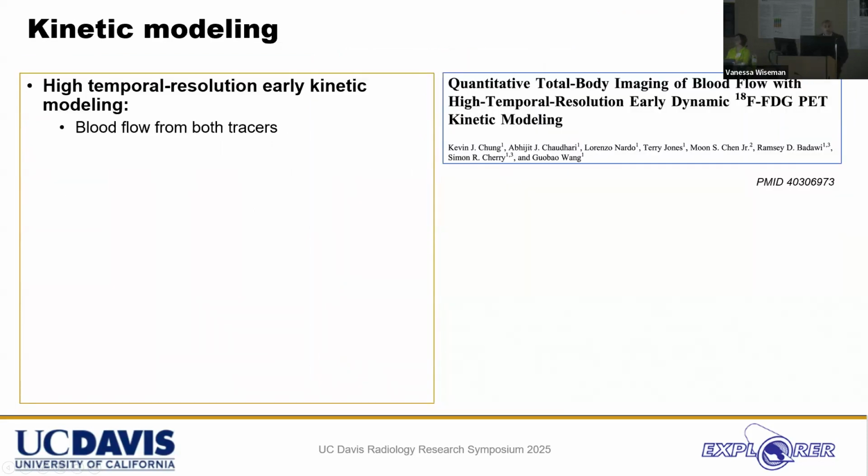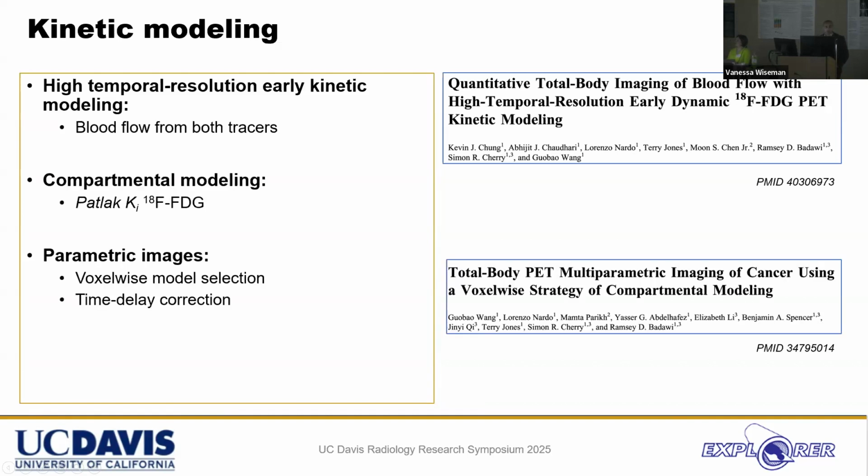With that high temporal resolution, thanks to Dr. Wang's team here, we were able to measure the blood flow from both tracers, and also we looked at the Patlak Ki from the FDG.